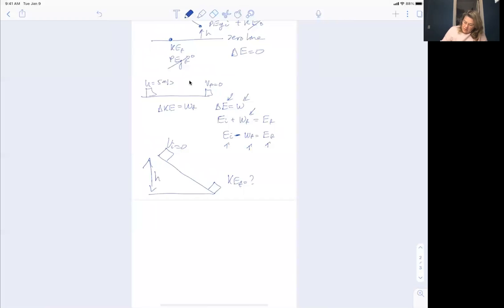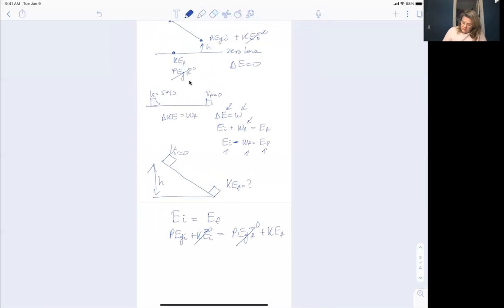I know that the energy initial is equal to the energy final if there's no work done by friction. What kind of energy initial do I have? Potential energy due to gravity plus kinetic energy initial has got to equal potential energy due to gravity final plus kinetic energy final. This is 0, this is 0, and I can solve from there.